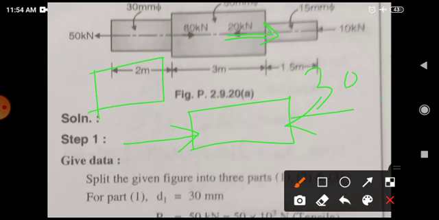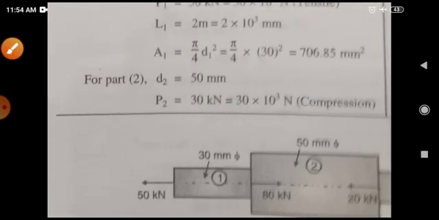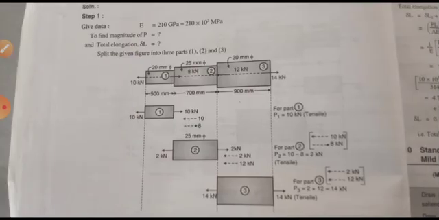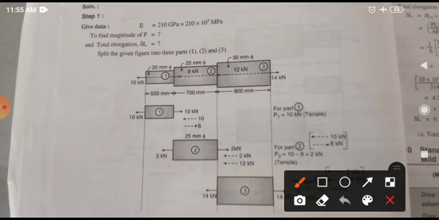And for this third element the load is 50 Newton. From the diagram given below you can easily understand.